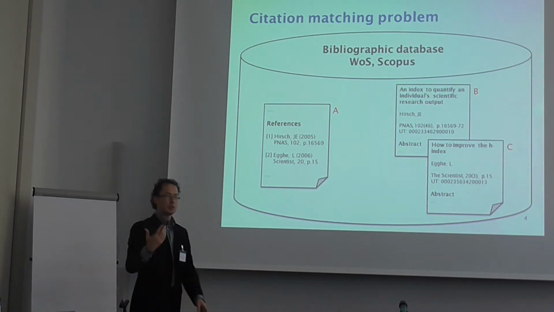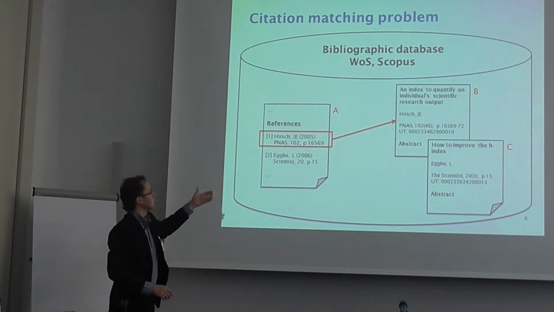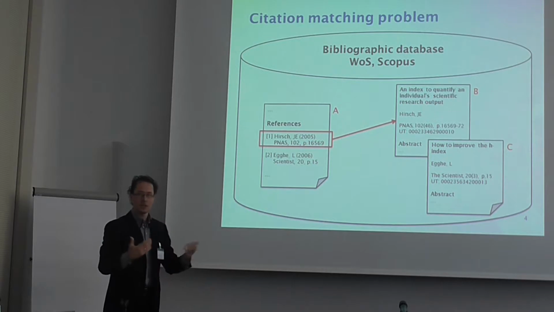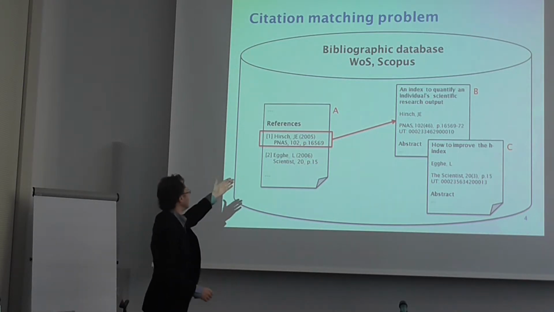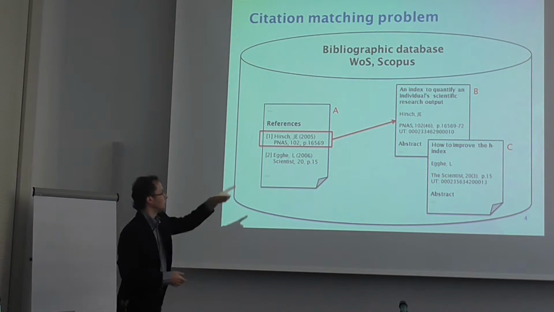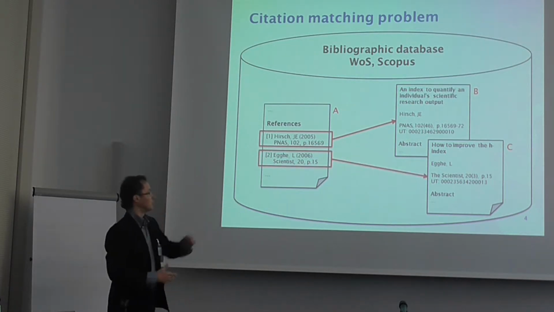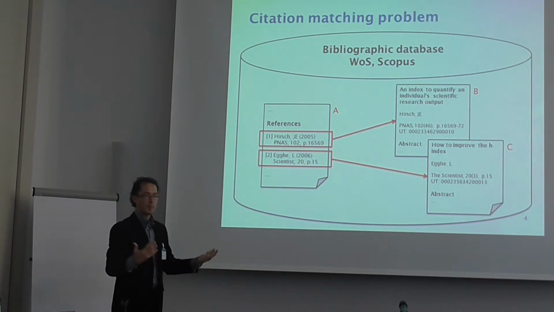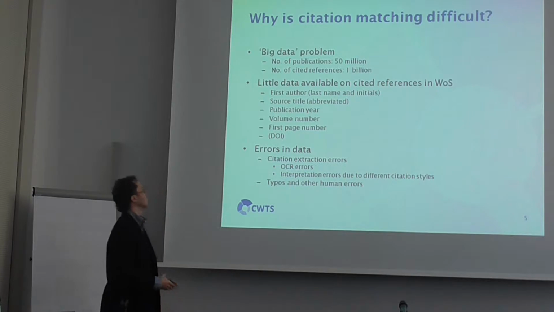Citation matching is the process of linking each cited reference to a particular cited paper, a target paper, in the database. So in this example, our challenge is to identify that this first reference in paper A is referring to paper B, and the second reference is referring to paper C. That's basically the citation matching process.